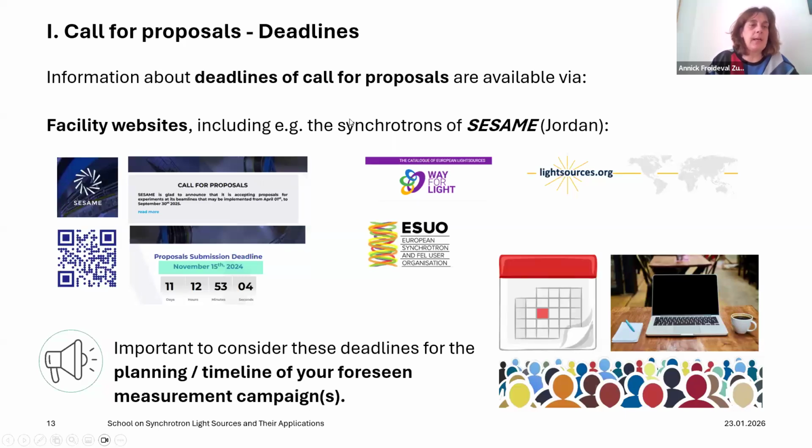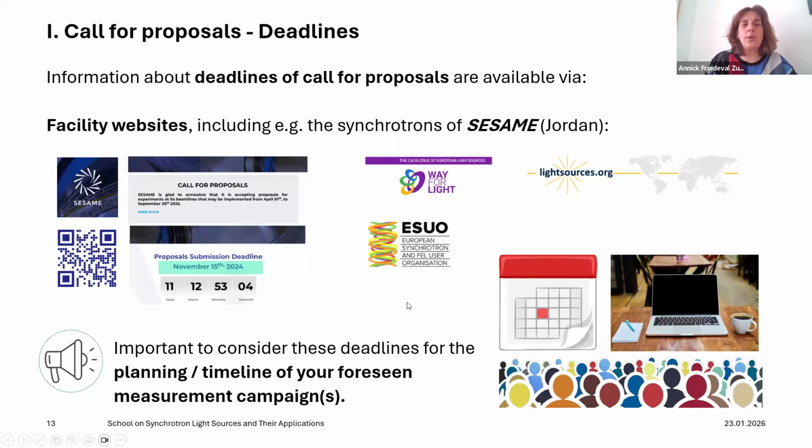So, for example, here I include a screenshot of a former web page of SESAME, showing that the call for proposals is open and the deadline is on that date, and you still have this time to submit. So you see, it's well done in a way that you are informed from the facility website when you need to be ready and when at the latest you can submit your proposal for Beamtime request.